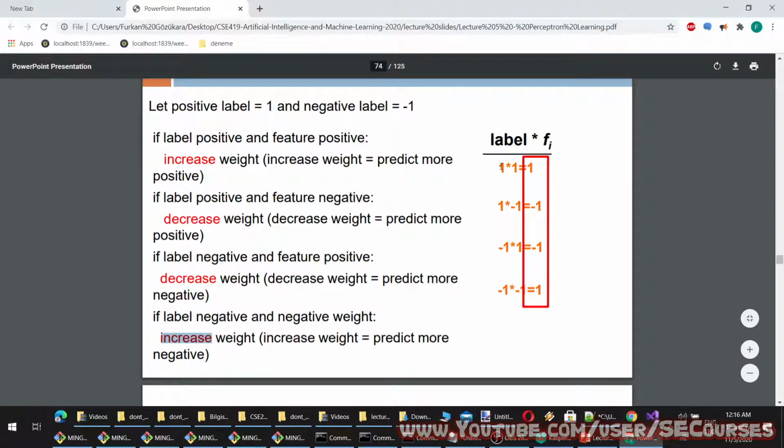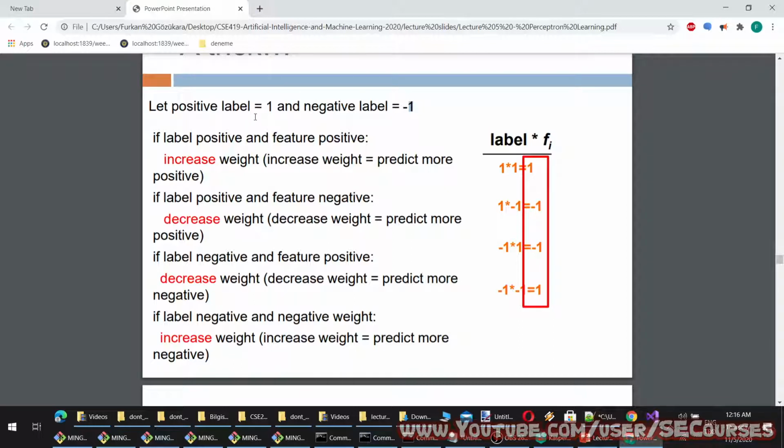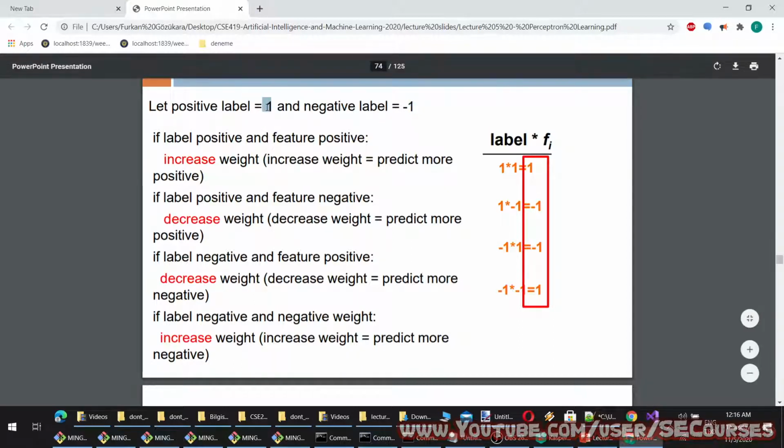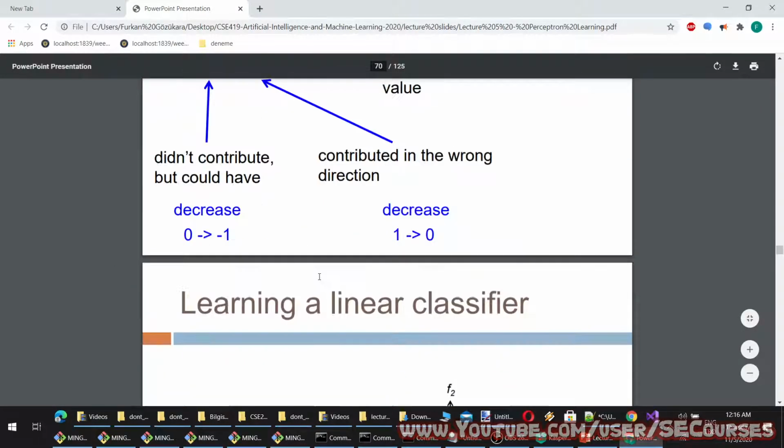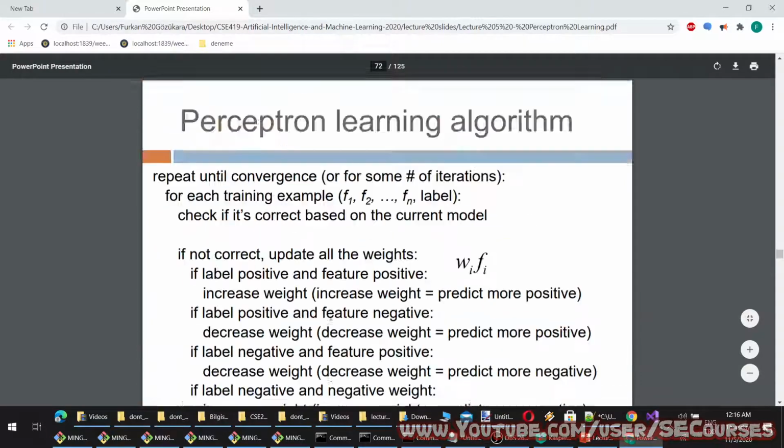Why? Because the positive label is positive 1 and the negative label is negative 1. In that case, you can directly apply the rules here. You can also match the cases here, as I just did.